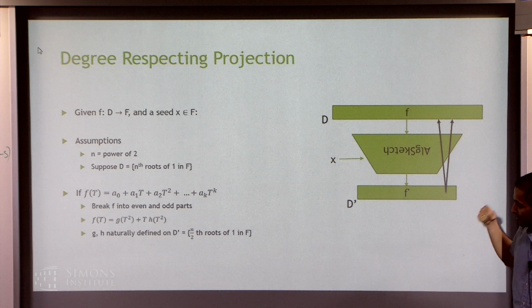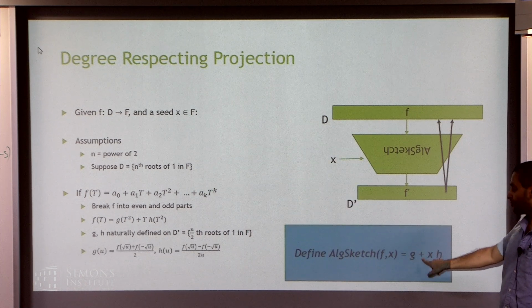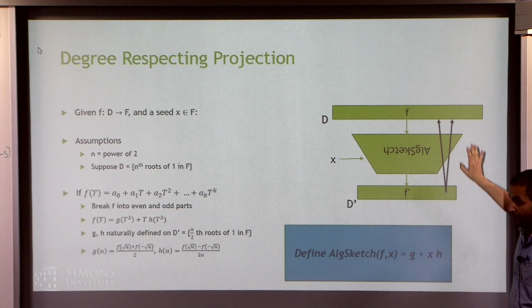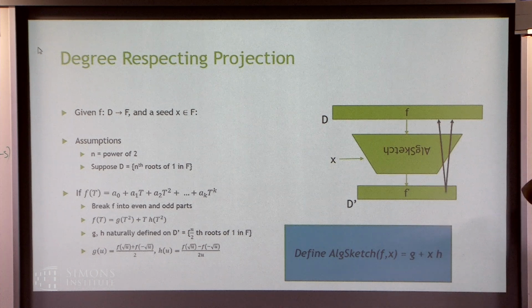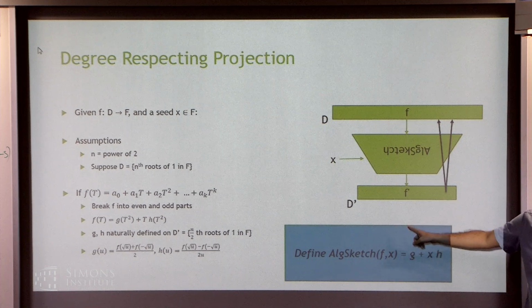And you use the seed x to take a random linear combination of g and h. And this is the algebraic sketch of f. It takes f and the seed x and it produces this. The observation is that if f was degree d, then the algebraic sketch is degree d over 2. That's clear.